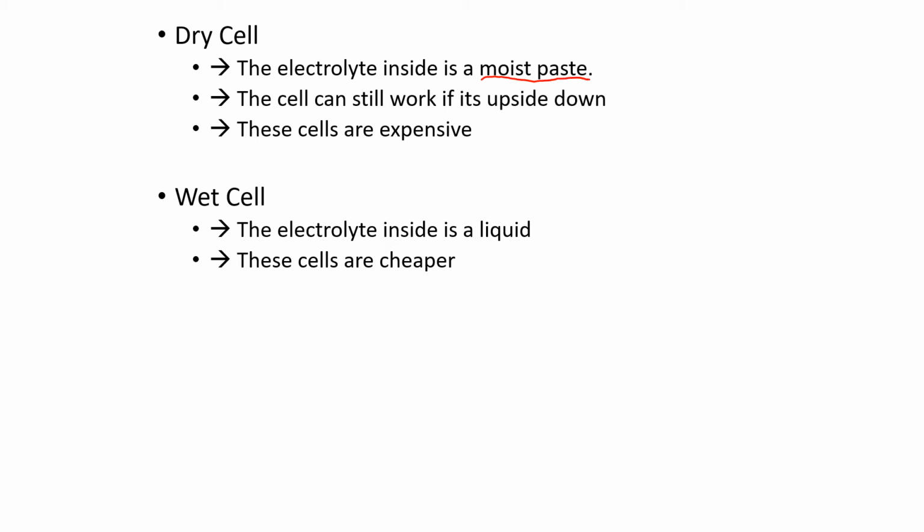If you cut open a dry cell, like a cell phone battery, and you should never do that, by the way, it's quite dangerous, it wouldn't leak out everywhere. It would be a moist kind of paste, maybe toothpastey in consistency, or like wet sand. That would be considered a dry cell.